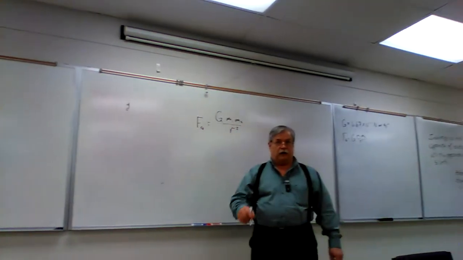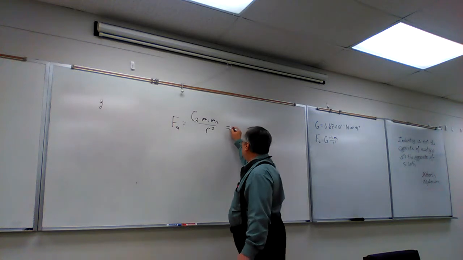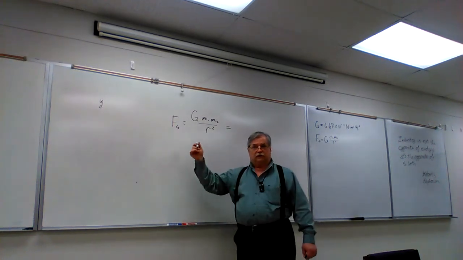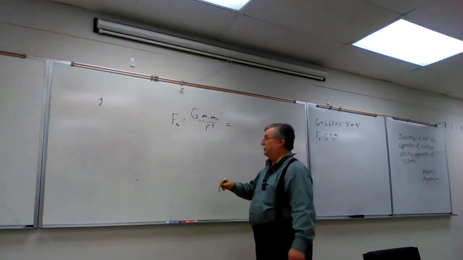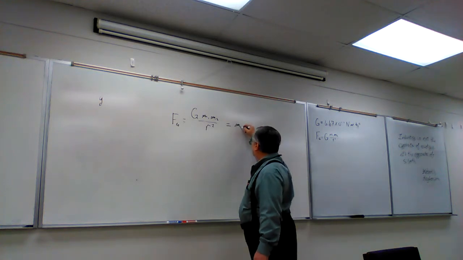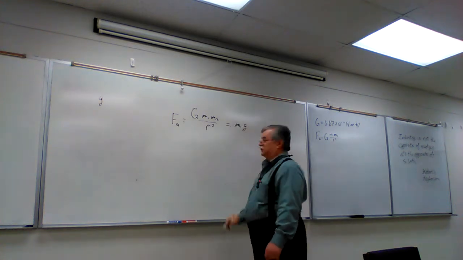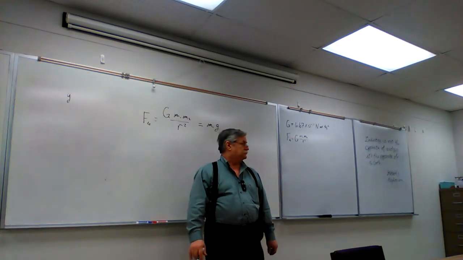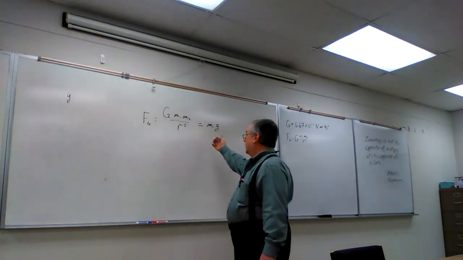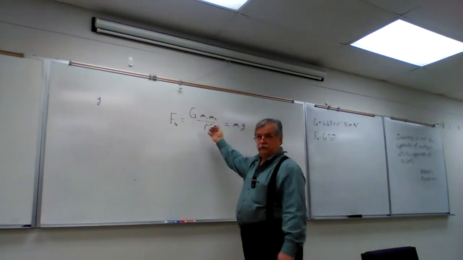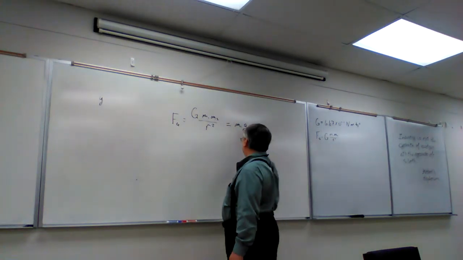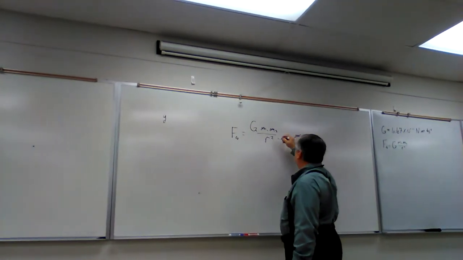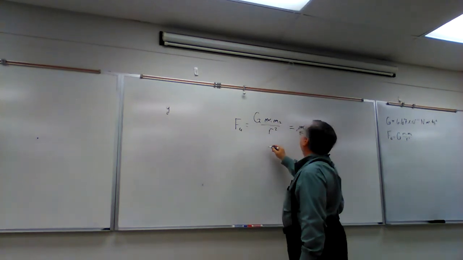On the surface of the Earth, we know that this is also equal to the mass of the object times the acceleration due to gravity, or little g. Knowing this, we can solve this equation for g by simply dividing out the two masses.